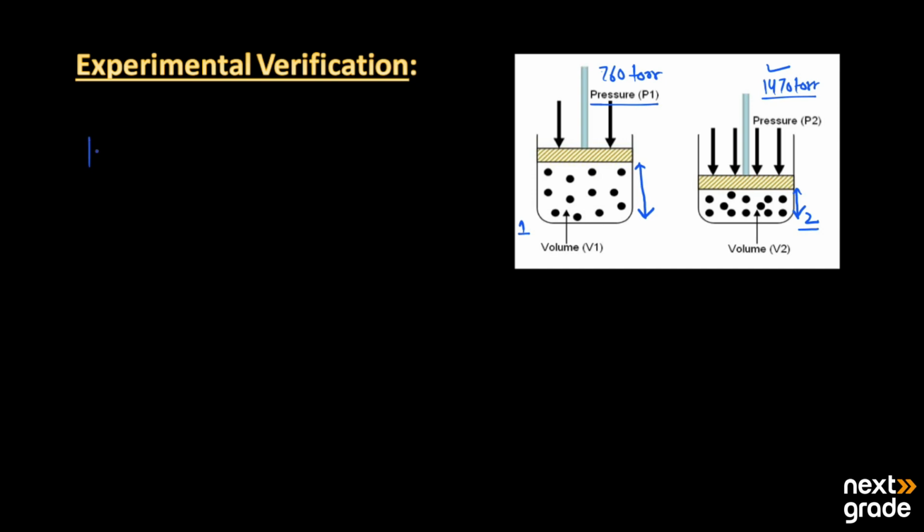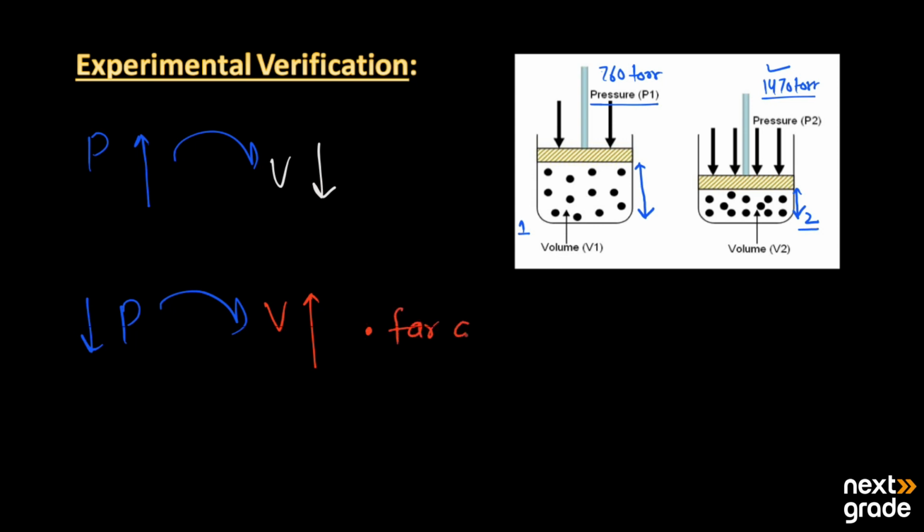When the pressure is increased, the volume of the gas is decreased. And when we decrease the pressure, the result is that the volume is increased. Now why does this happen? The main reason is that gas molecules are far apart from each other.